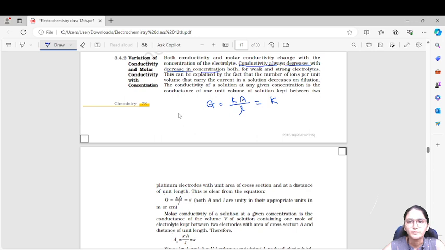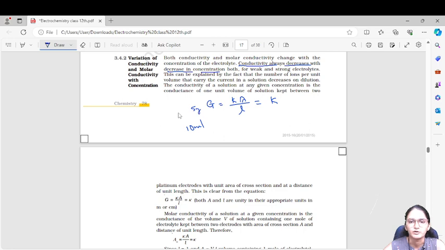So here what happens, the number of ions per unit volume that carry the current in the solution decreases on dilution. Meaning, when you carry out the experiment, the number of ions per unit volume decreases. Suppose I have 10 ml of solution, and in that I have put some amount of salt, suppose 5 gram.